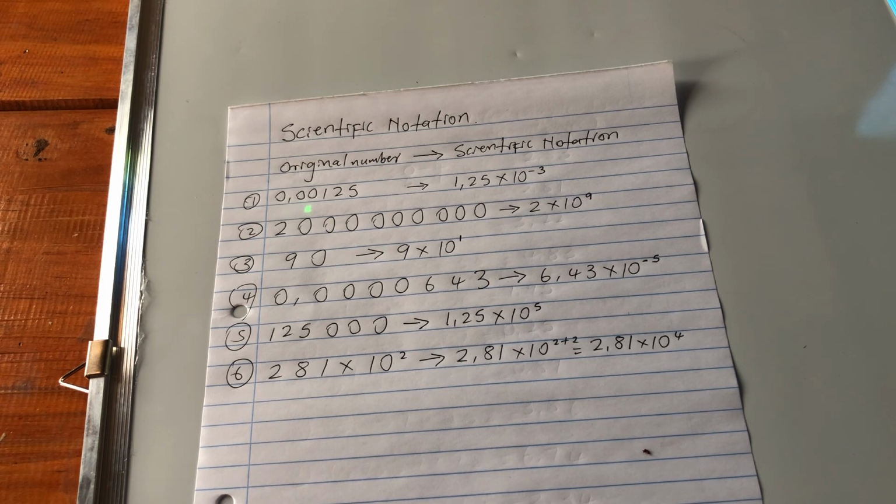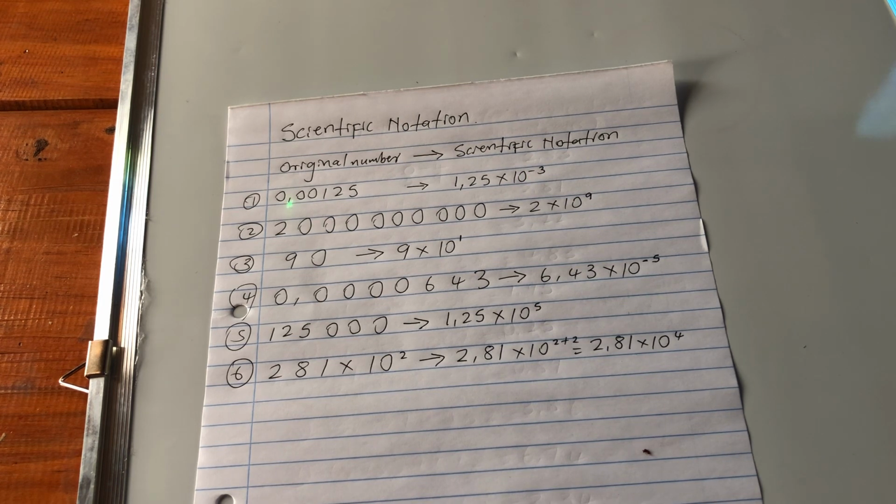As you shift it to the right, the exponent on this 10 will be negative, and the number will be determined by how many numbers you have passed. In this case, we passed 1, 2, then 3. That's why we have minus 3 as our exponent.